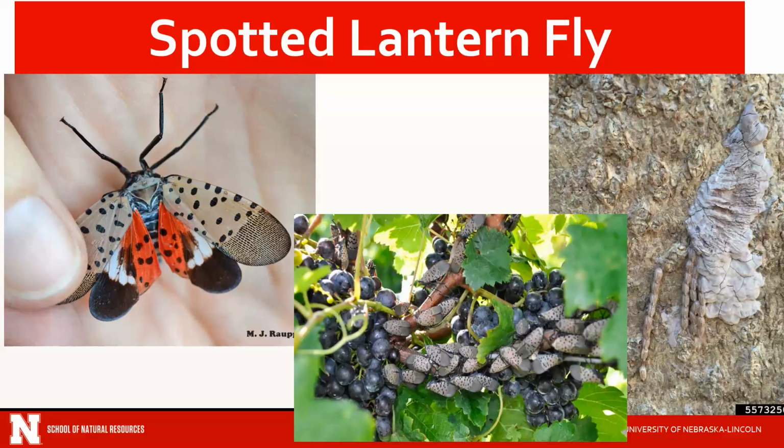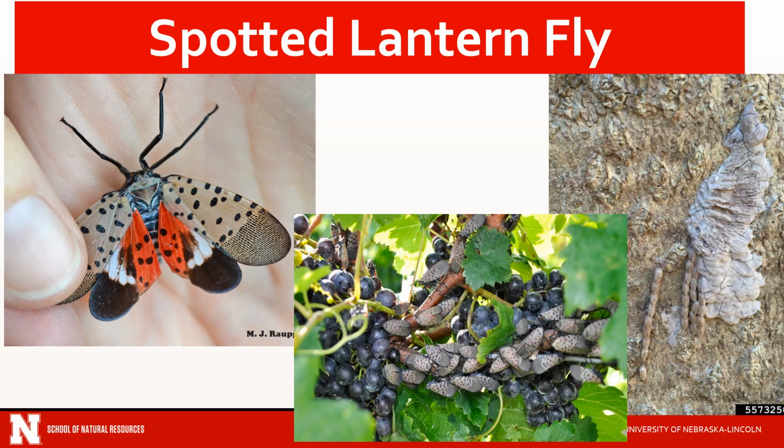And these guys eat on fruit trees as well as grapes as well as hardwood trees. And so they have over 100 different plants that they will use. And that is very disturbing because these guys could have a huge impact on our commodities, on our fruit and our trees.